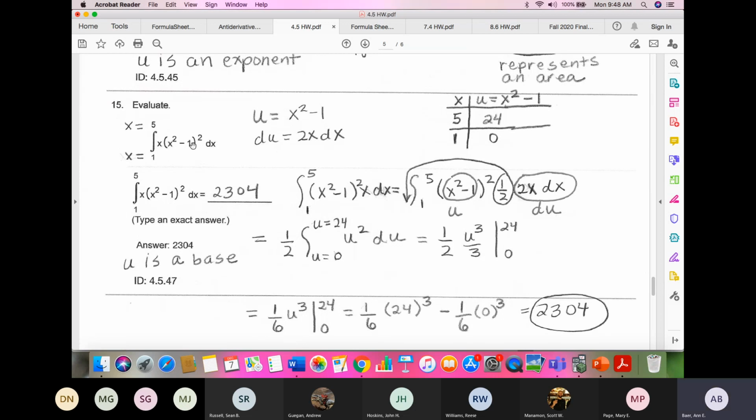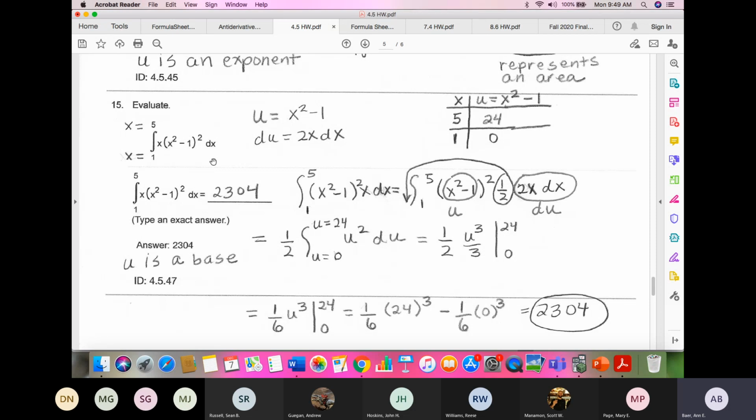That's a pretty complicated integral. Although I suppose you could take 2 of these and multiply them together using FOIL, and then distribute the x through. That's one way to go. Probably not the preferred way to go, but it's one way to go.